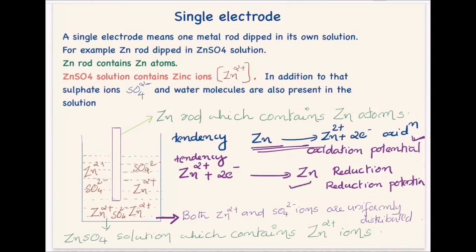Whether this reaction will happen or not: this reaction is also not going to happen on its own. The reason is, in order to undergo this reaction, somebody should give 2 electrons to the zinc ion. Here nobody is there to give electrons, so zinc ions cannot become zinc atoms.